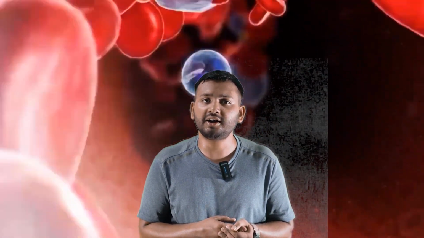Platelet activation and clot formation. Platelets play a crucial role in blood clotting and preventing excess bleeding. Here, let's understand the working model of platelets. Injury: when a blood vessel is injured, it sends out signals to the platelets. Platelet activation: in response to these signals, platelets rush to the site of the damage.